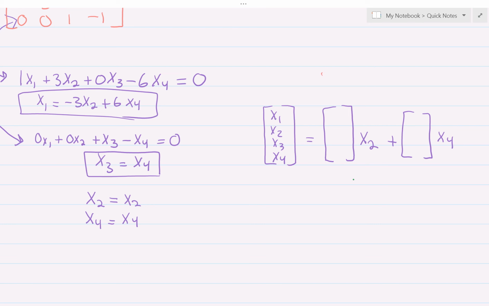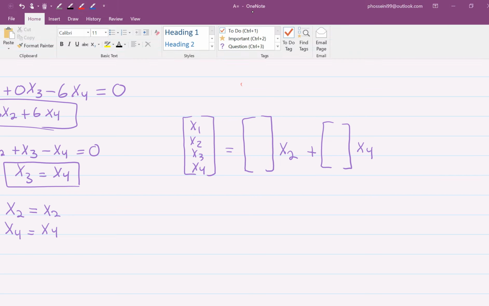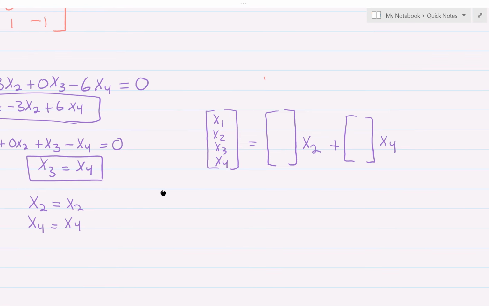Like I said at the very beginning, our free variables are going to be on the right side, so I already know that. Regardless of how many free variables you have in your equation, just write them out in this template, plus however many free variables you have in your problem. I like to do this and then go back and fill in the template with the corresponding numbers.